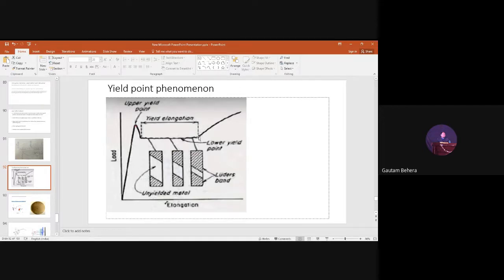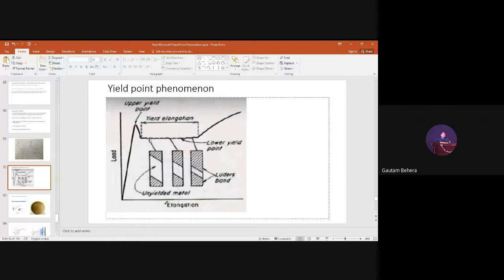Then finally from here, strain hardening occurs again, like normal cases. Continuous homogeneous deformation is there. From here to here this is heterogeneous deformation, right? Here it is homogeneous deformation continuously.